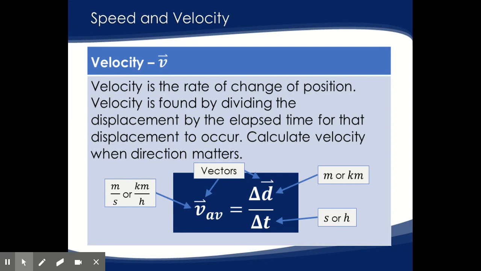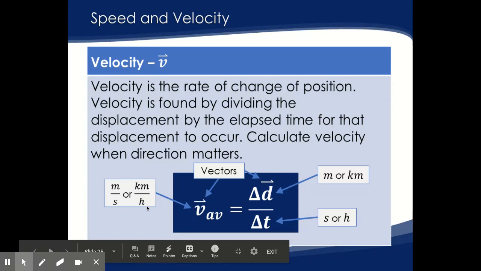So almost all of the time we'll be associating a direction with things. Here, same units, we have kilometers per hour or meters per second. So your average velocity is going to be the change in distance divided by the change in the time. So your basic velocity formula is velocity is distance, sorry, velocity is distance divided by time.